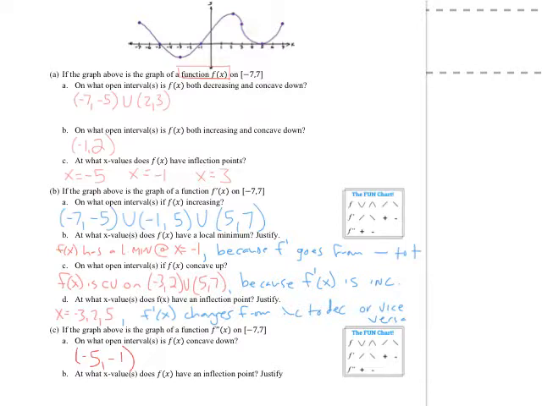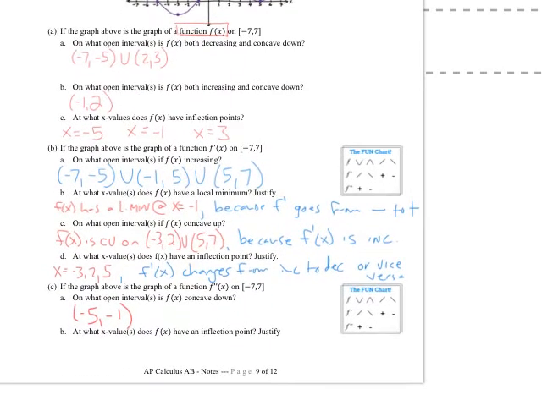And then finally, where does an inflection value occur? The inflection value is going to occur where f prime prime changes signs. So there are 2 locations, -5 and -1. And those are the spots where f prime prime changes signs. So x equals -5 and x equals -1.